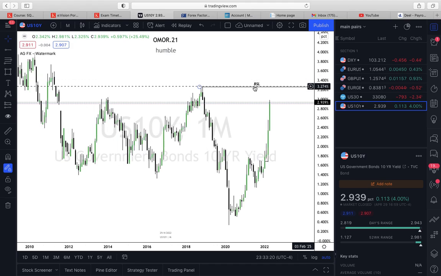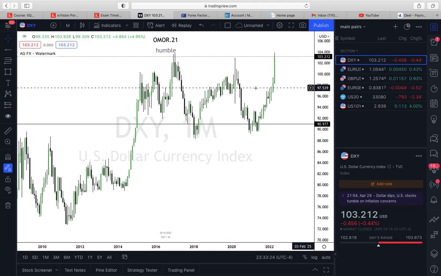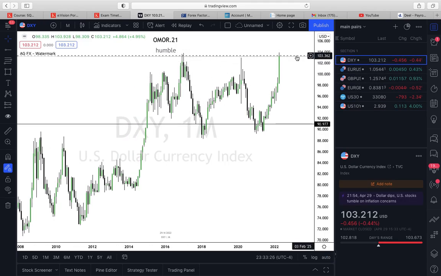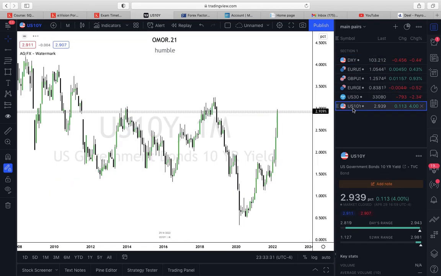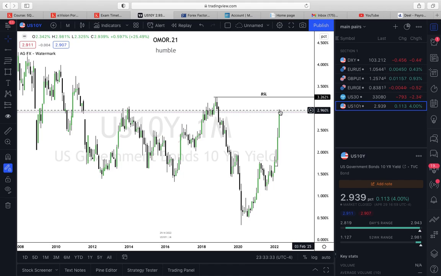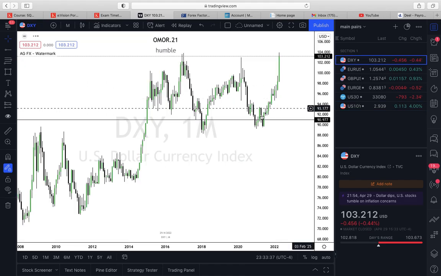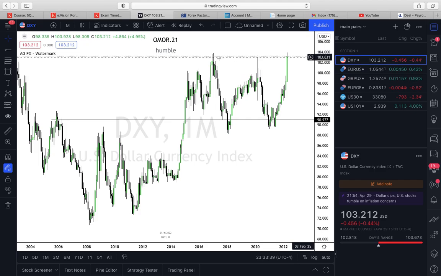Now, let's compare the two. The DXY is at the highs, traded just a shallow few pips above it. The US 10-year is on its way. So if the US 10-year runs this high, where's the DXY running? It's going to smash through this. It will smash through that.